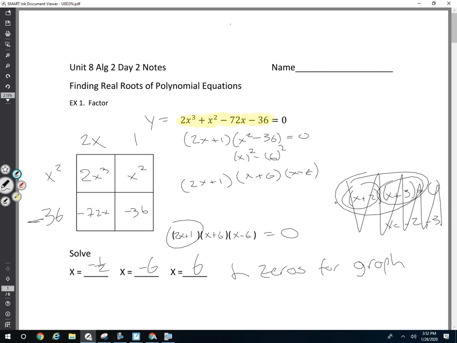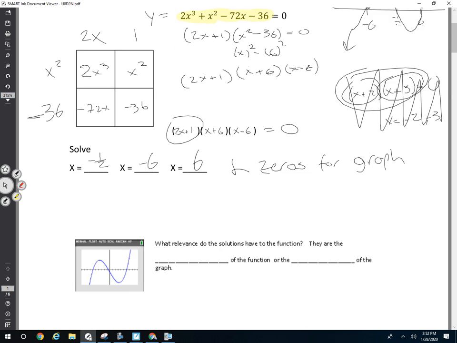So we already know that we're going to end like this. But we also know that we are going to cross through the x-axis at negative 6, at negative 1/2, and at 6. At least that's what we think we'll always do. So we end up like that.